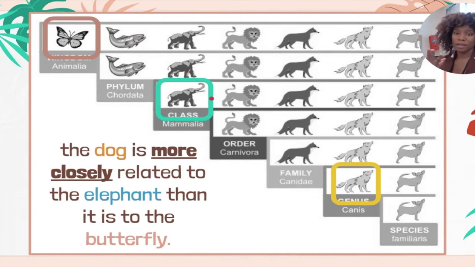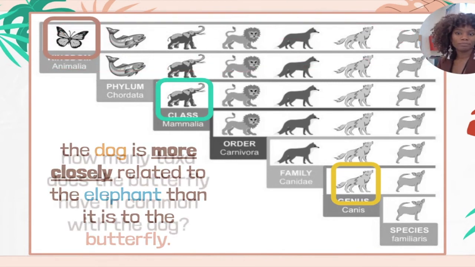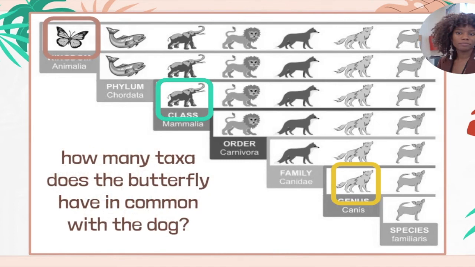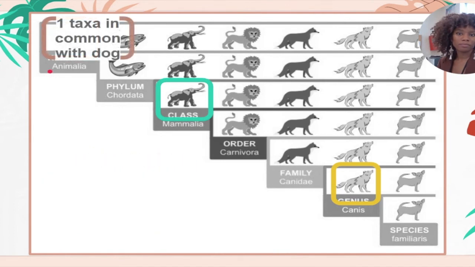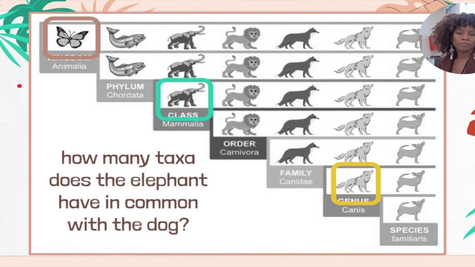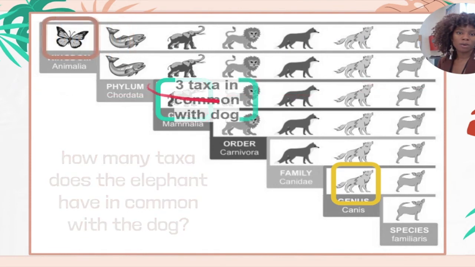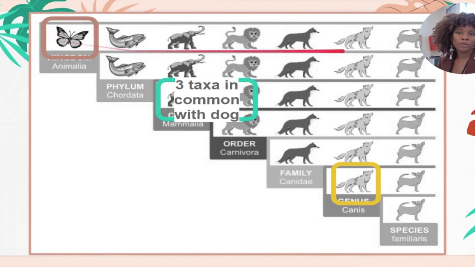So that's 3. The butterfly and the dog only share that one taxa in common. One taxa in common versus 1, 2, 3 taxa in common.